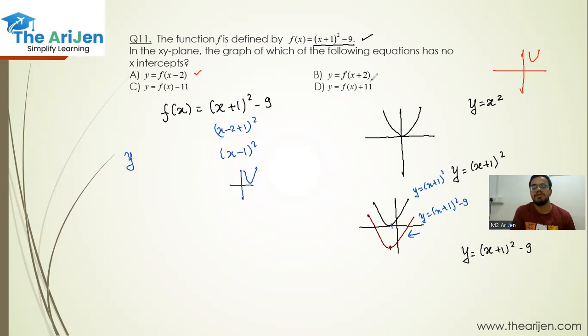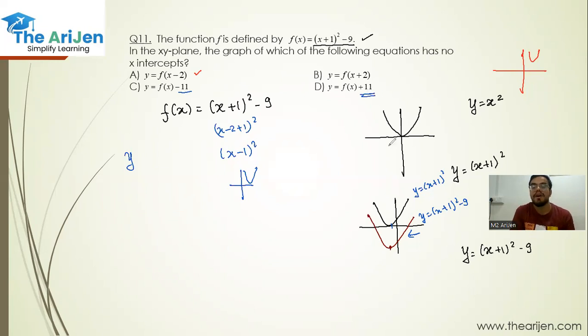If you put x plus 2, again the graph would shift 2 more units to the left, but there would be no change. Similarly, if you place f of x minus 11, instead of minus 9, it would be going 11 units more below. So it would be at 1 comma minus 20, the vertex. So it would be touching at 2 points.